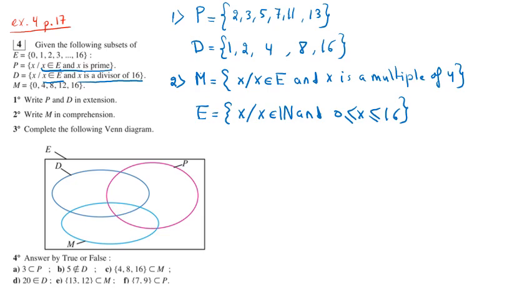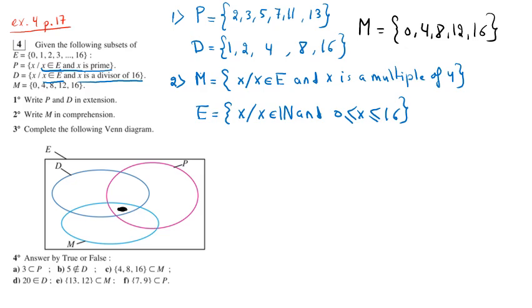If we look at every set, this is P, this is D, and this is M: 0, 4, 8, 12, and 16. We have no common number between the three sets. Then this part is empty.